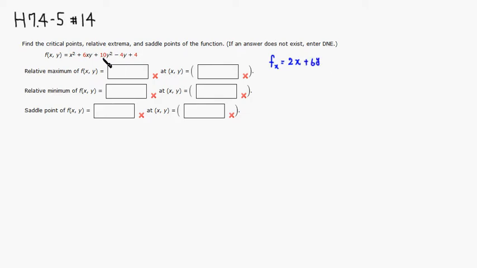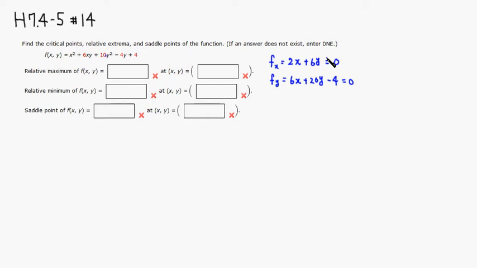The partials of the constant terms are 0. Then the partial with respect to y: the partial of x squared is 0, the partial of 6xy is 6x, the partial of 10y squared is plus 20y, and the partial of negative 4y is negative 4. The partial of 4 is 0.